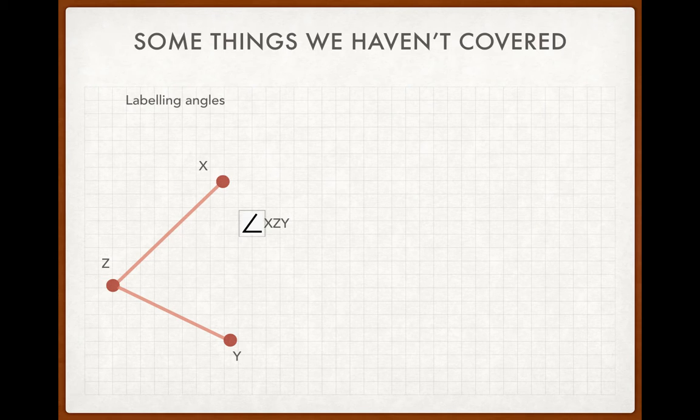So it's not greater than, it means the angle. So the angle XZY, and like I said, the middle letter represents the angle at the point we're investigating. Now that's the same as having the angle YZX, because again we're looking at the middle letter to tell us where that angle is.